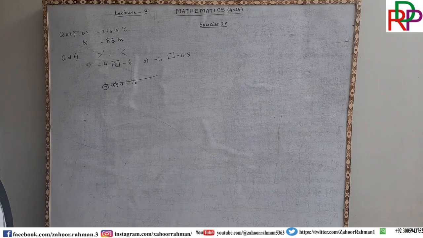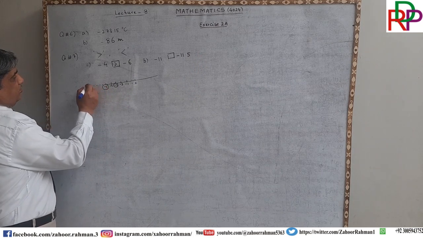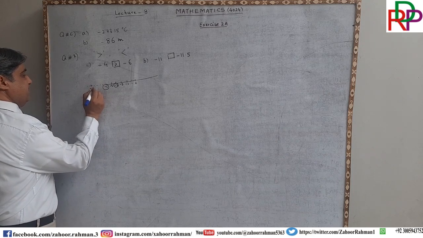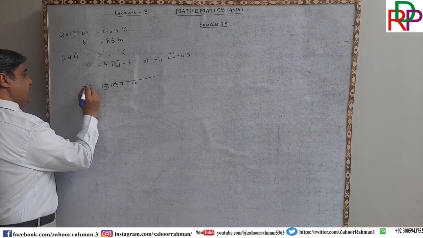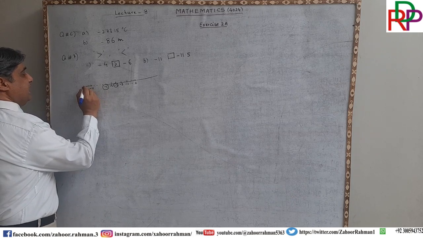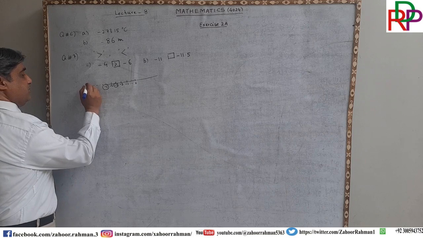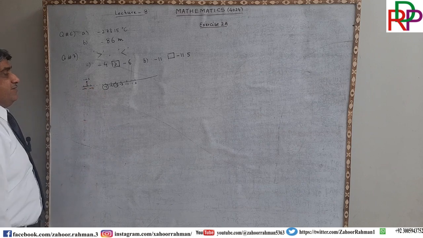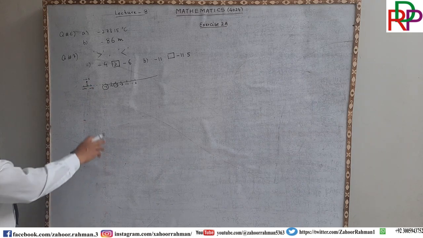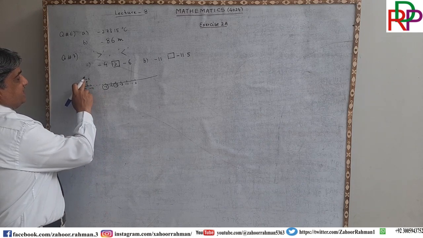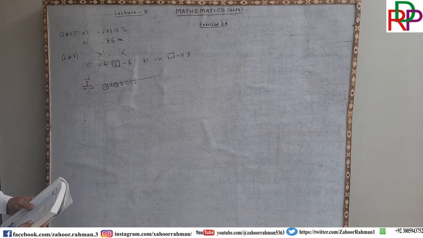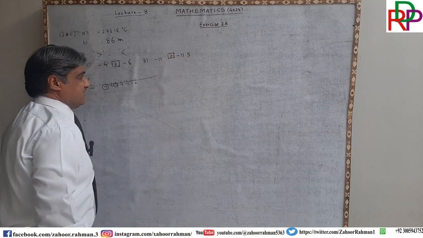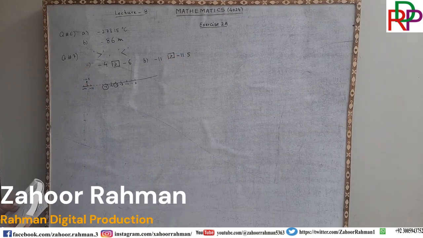So if you go on this way, for example, minus 11 and then minus 12, in between here it will be minus 11.5. So minus 11 is on the right side of minus 11.5. So it means that minus 11 is greater than minus 11.5.